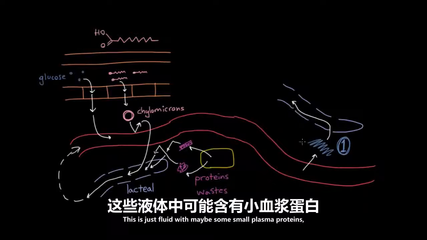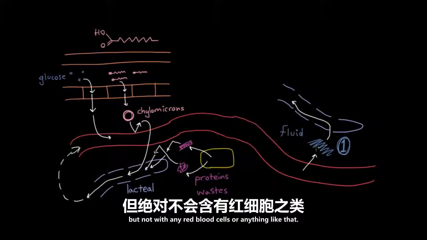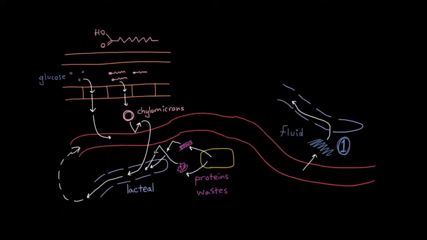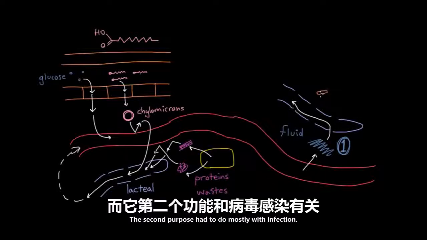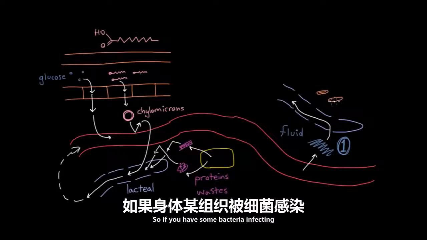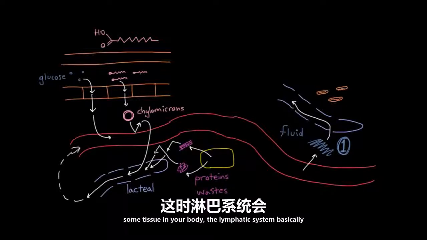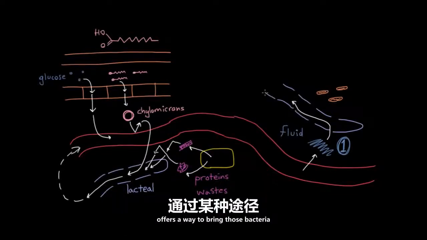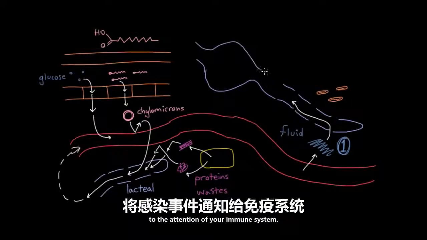And this is just fluid with maybe some small plasma proteins, but not with any red blood cells or anything like that. The second purpose had to do mostly with infection. So if you have some bacteria infecting some tissue in your body, the lymphatic system basically offers a way to bring those bacteria to the attention of your immune system.